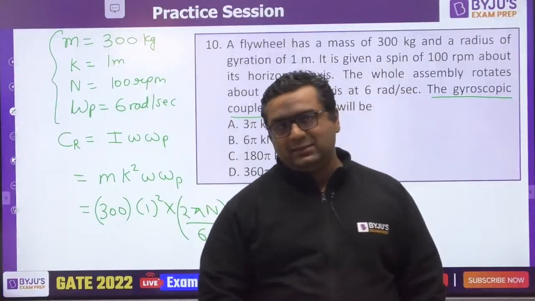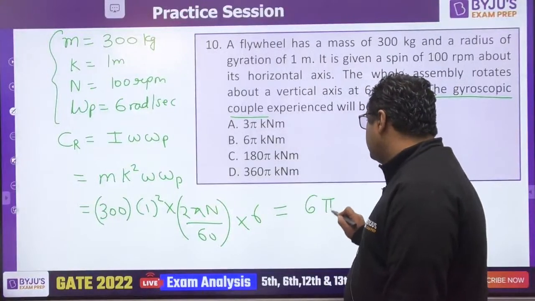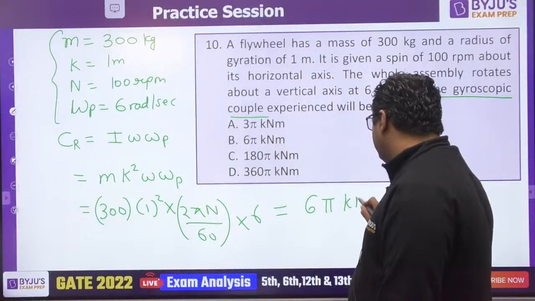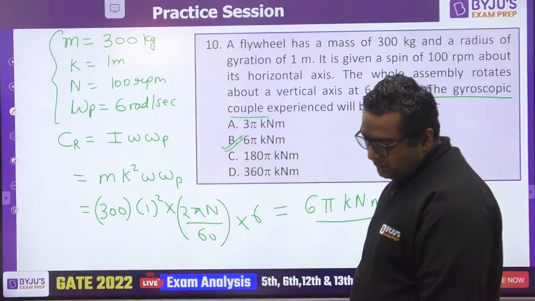Is it clear, guys? So the answer would be 6 pi kilonewton meter. B is the answer.